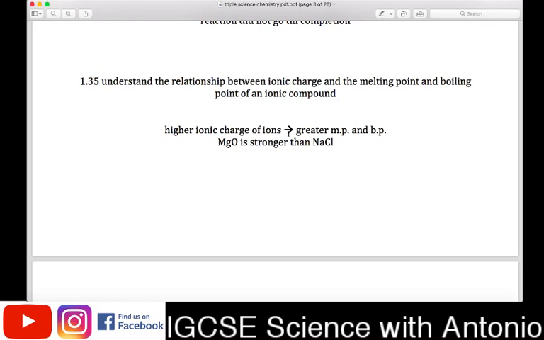So I gave an example in which magnesium oxide has stronger, or higher, physical properties than sodium chloride, because magnesium is in group 2, oxygen is in group 6, so a +2 ion and a -2 ion, alright, versus a +1 sodium ion and a -1 chloride ion.